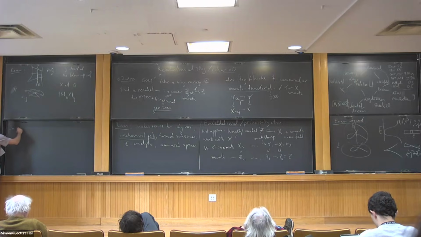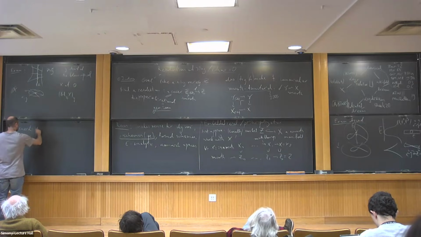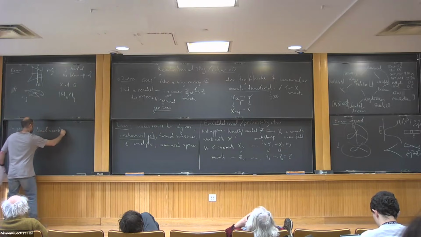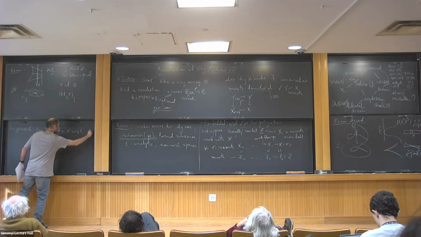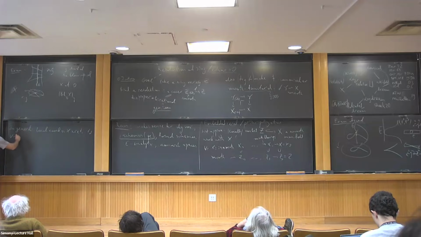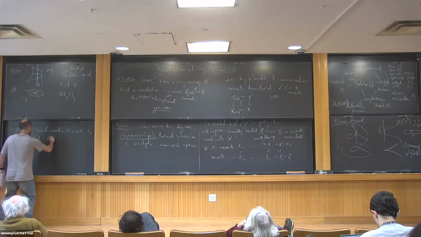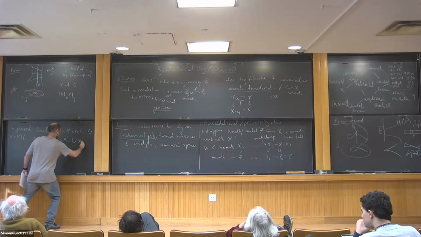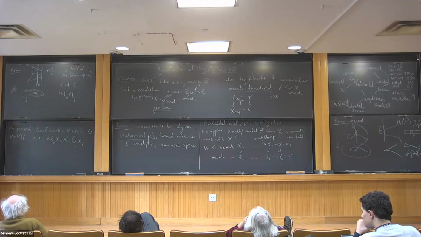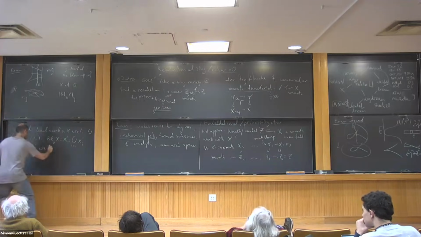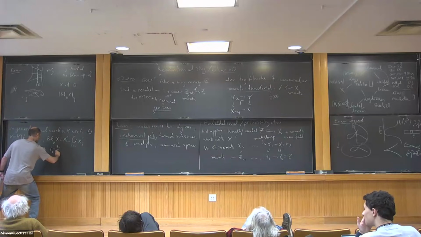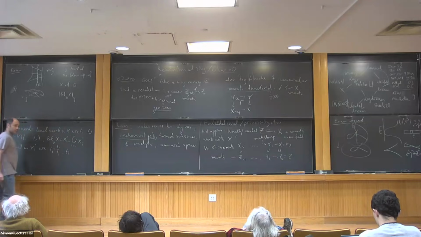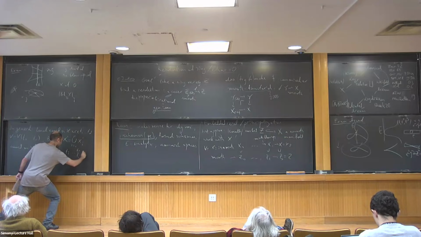So in general, if local coordinates on X are t1 up to td, and V, smooth inside X, is given by vanishing of t1 up to tr, then the blowing up of X along V is a union of r charts, indexed by the ti, and on the i-th chart, the coordinates are t1 prime, which is t1 over ti, ti unchanged, tr over ti, and the other variables are unchanged.